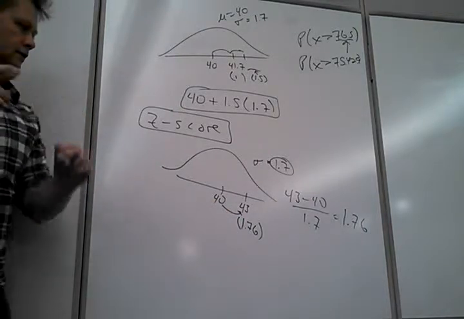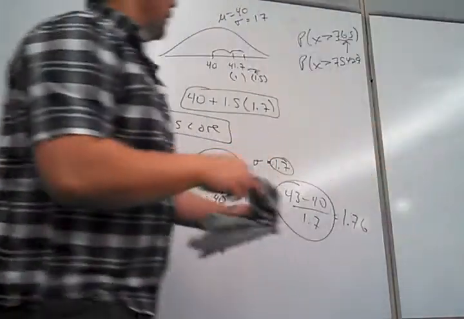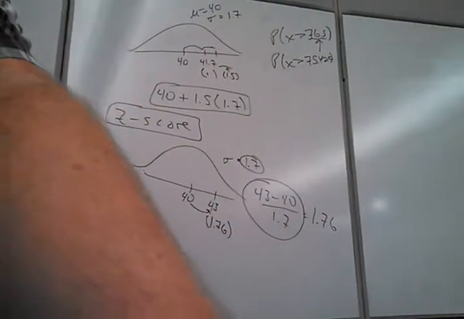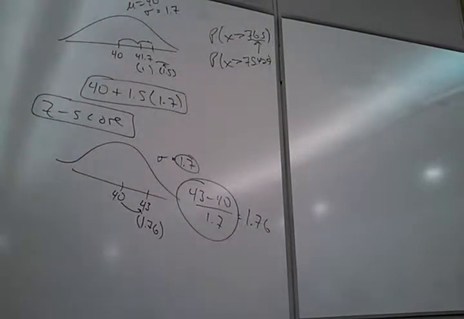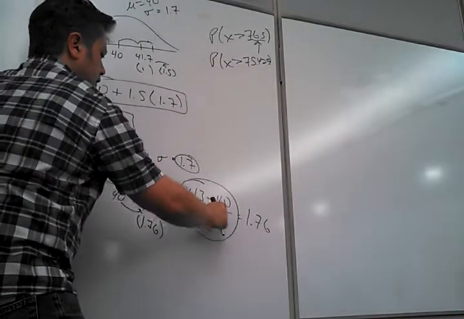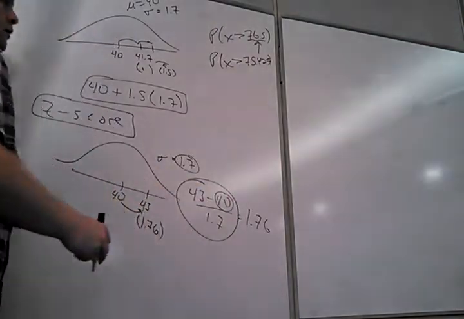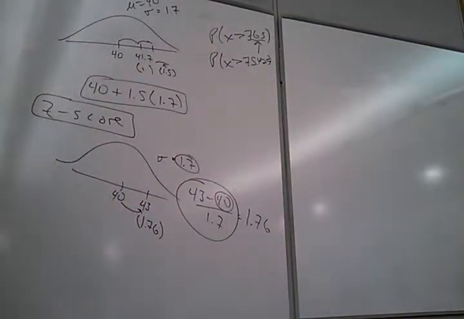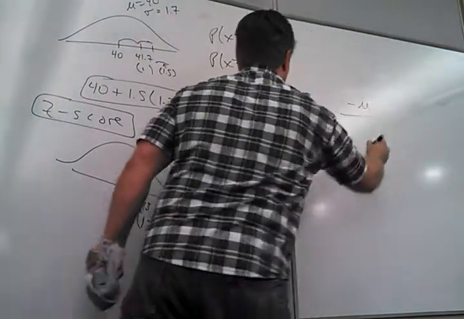Okay, so this is the z-score. This is what I love about statistics, because you can see how the formulas get put together. Somebody help me out. What are the parts of this formula? That's the mean, right? So the z-score formula is going to be minus the mean. What's this?